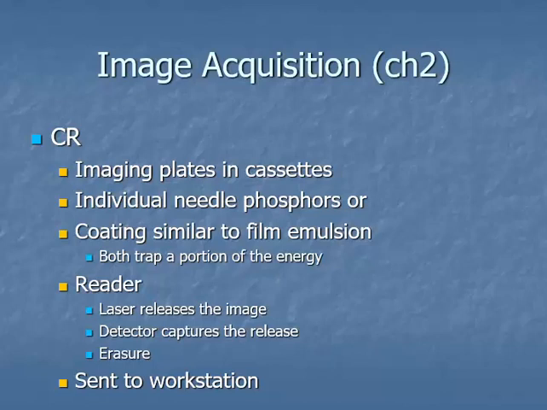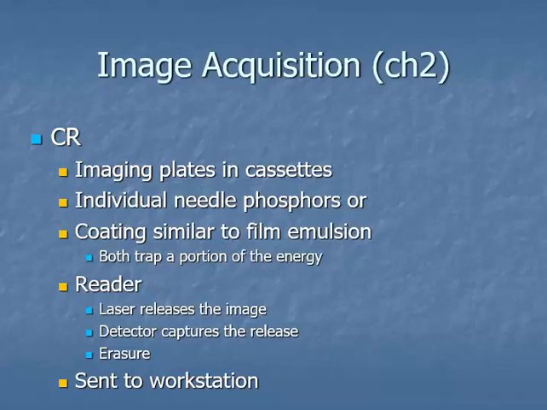So fundamentally, the only things we had to change were our techniques, and the film processor, which was replaced with what we would call the imaging plate processor or the imaging plate reader.